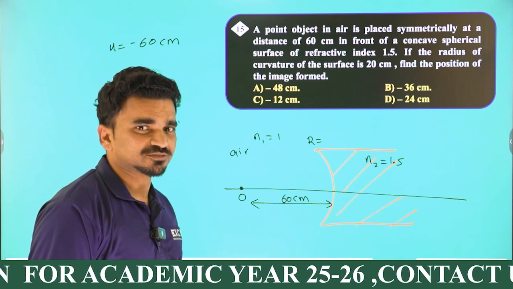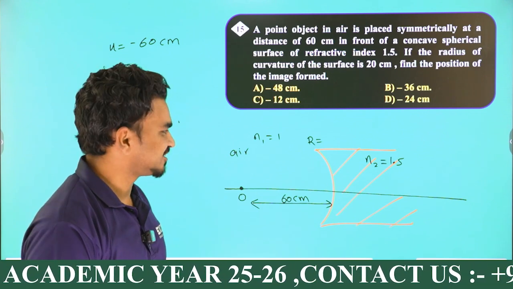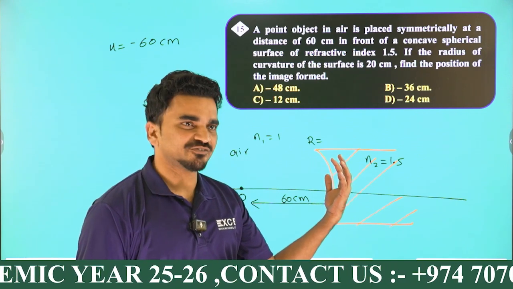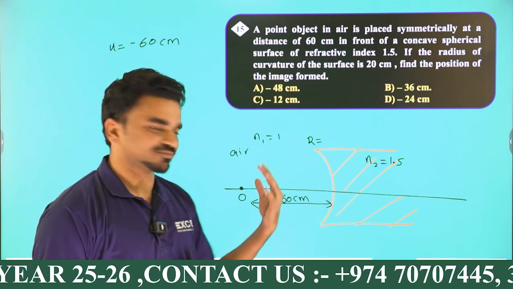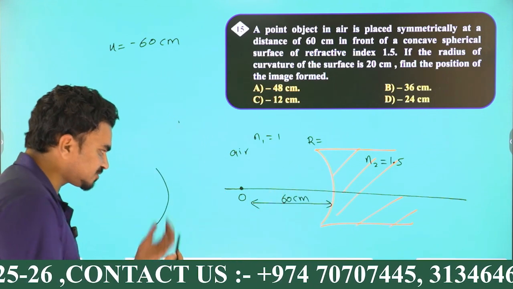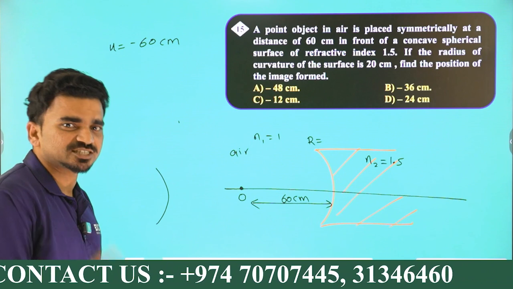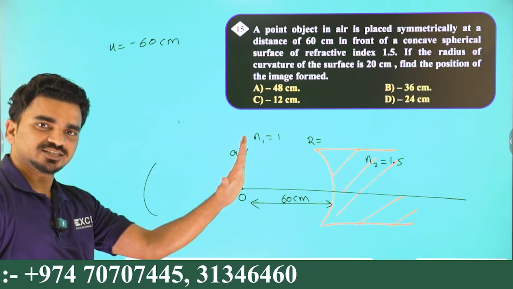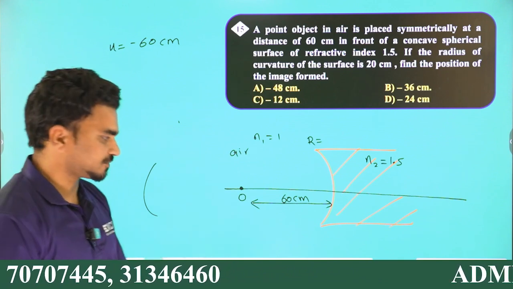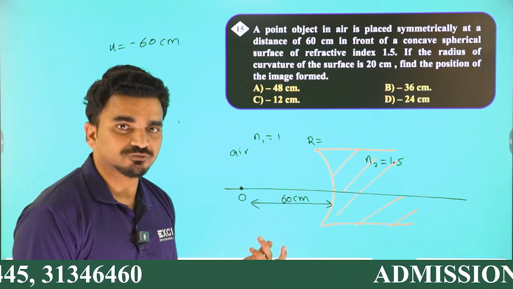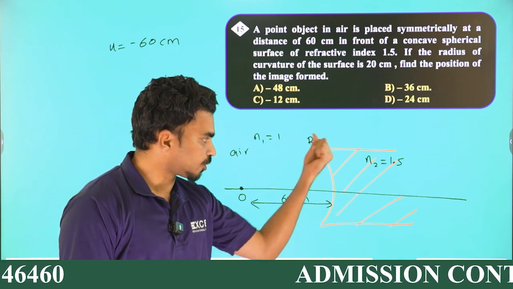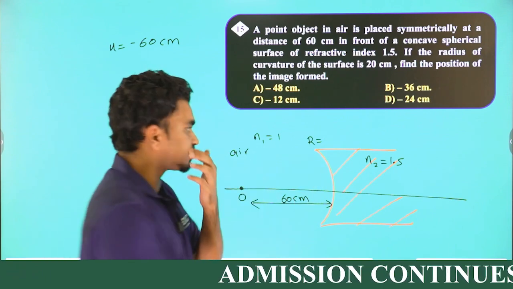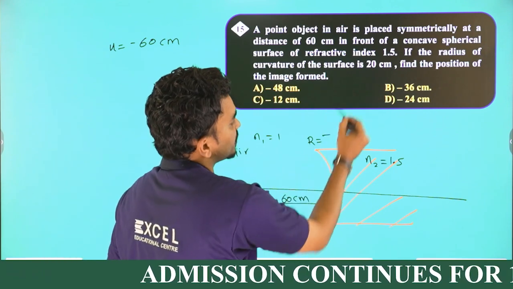Is it negative or positive? This surface is facing towards the left side. If a curve is facing towards the left side, remember, the radius is negative. If a curve is facing to the right side, then it is positive. Keep this in mind, we already used it before also. So here the curve is concave, facing to the left side, so the radius is negative.